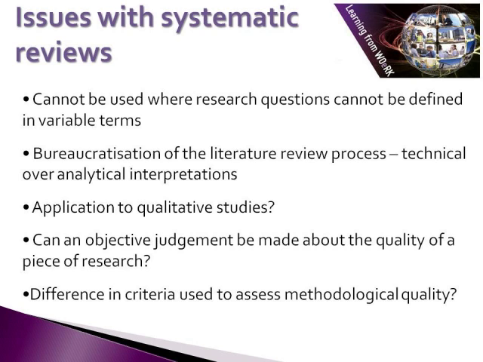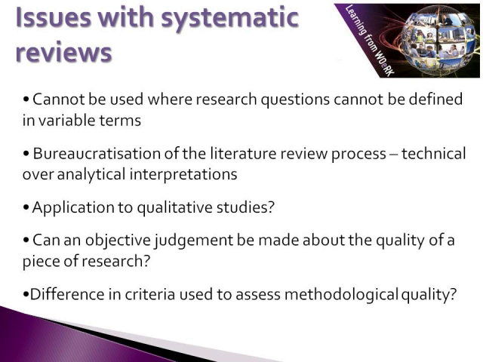Of course, there are a number of issues with systematic reviews. One of the first things is that you can't use systematic reviews where you're looking at research questions which can't be defined in variable terms. And very often in socio-economic research, we're not dealing with research questions that can be defined in variable terms.